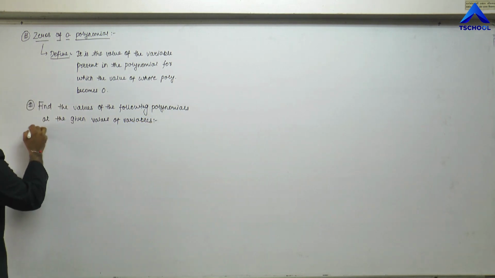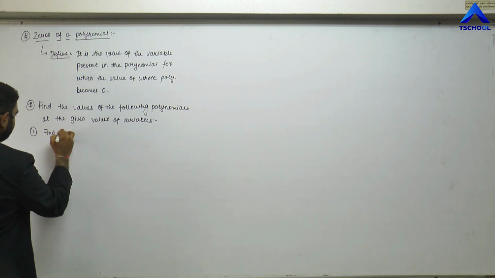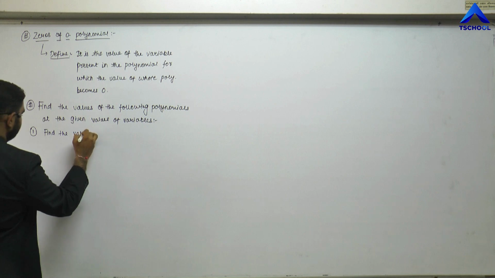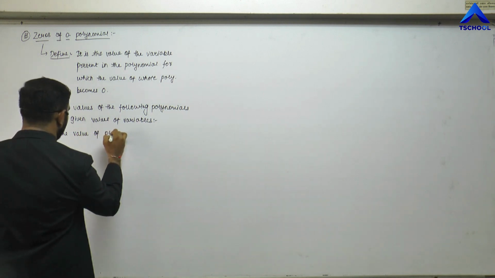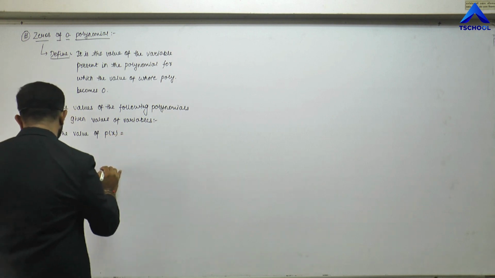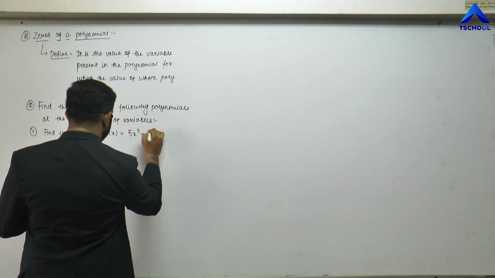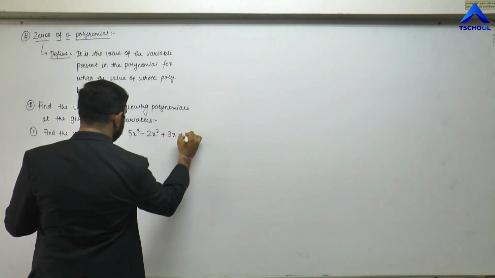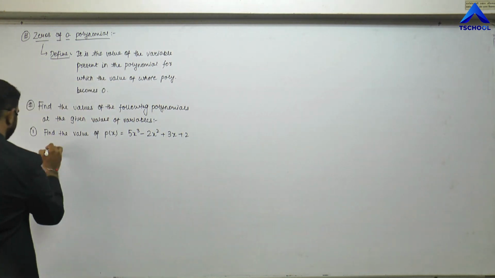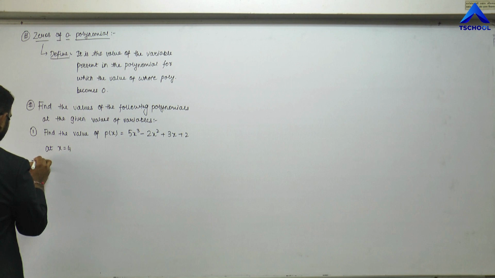I have the first one here. Find the value of p of x equals 5x cube minus 2x square plus 3x plus 2 at x equals 4.